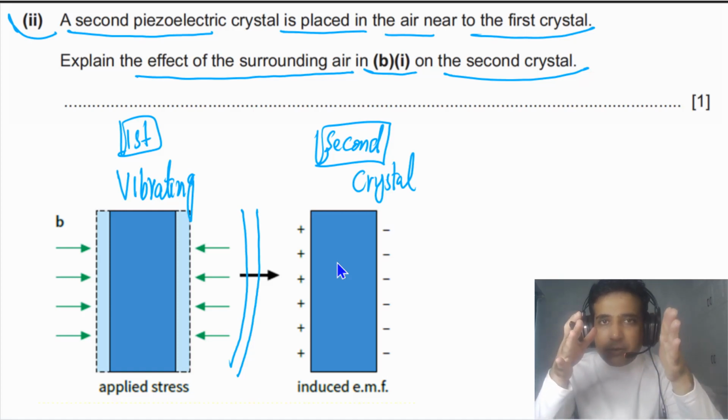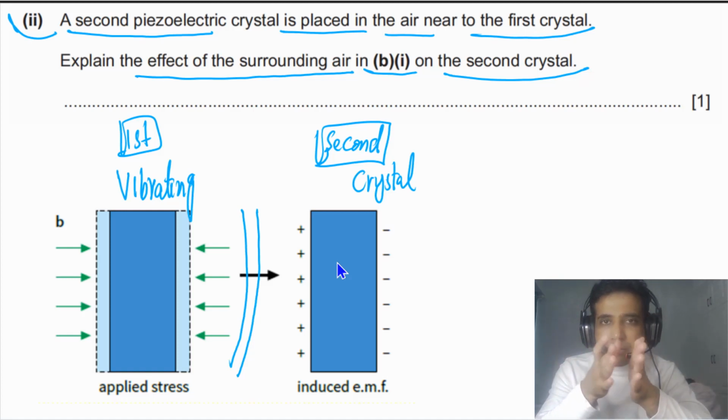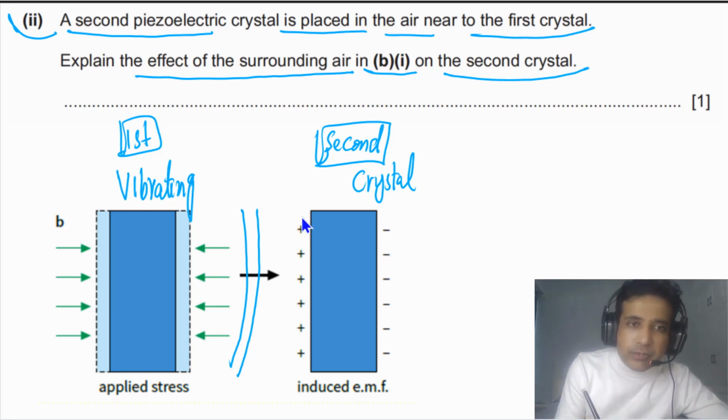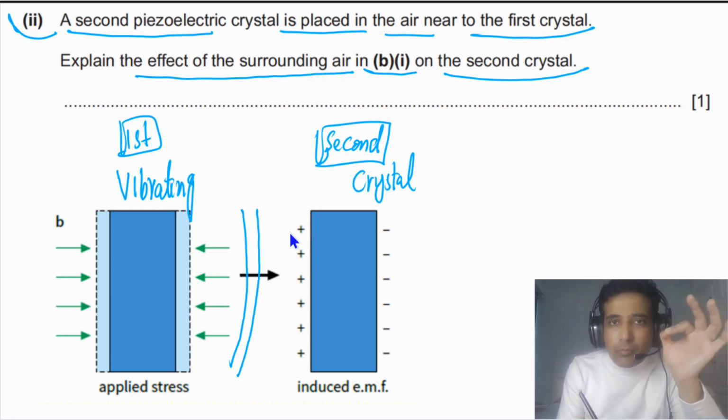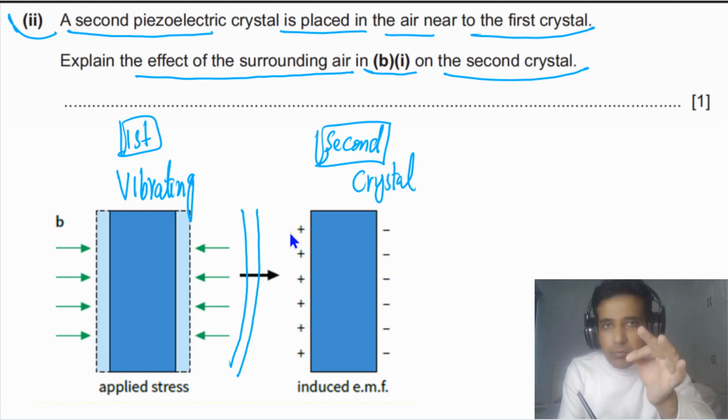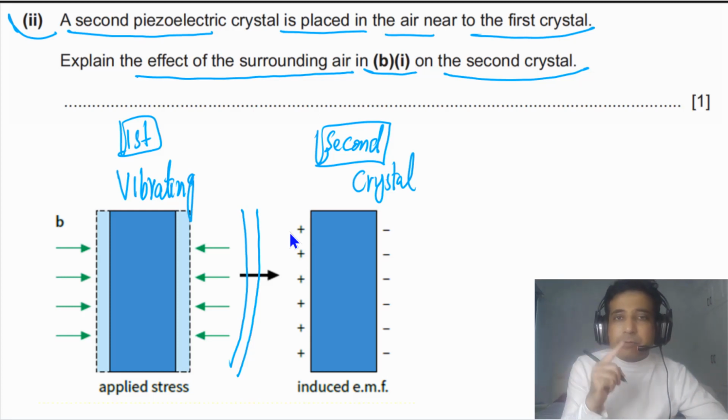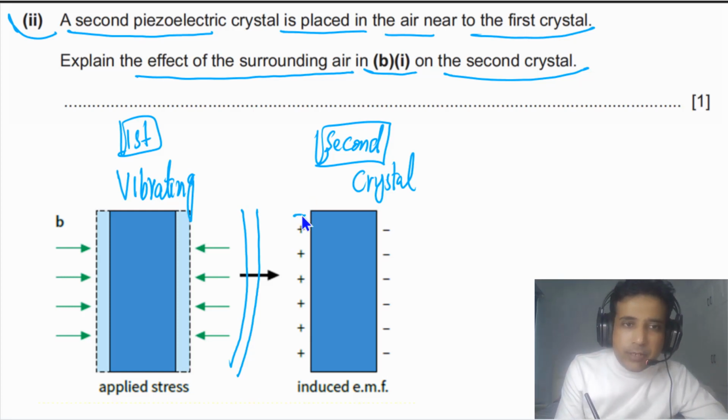So in this case, one side of this crystal will be more positive and one side will be more negative, and this process will repeat. First this becomes more positive and this more negative, and then when rarefaction comes, this will be more negative and this will be more positive, and so on.